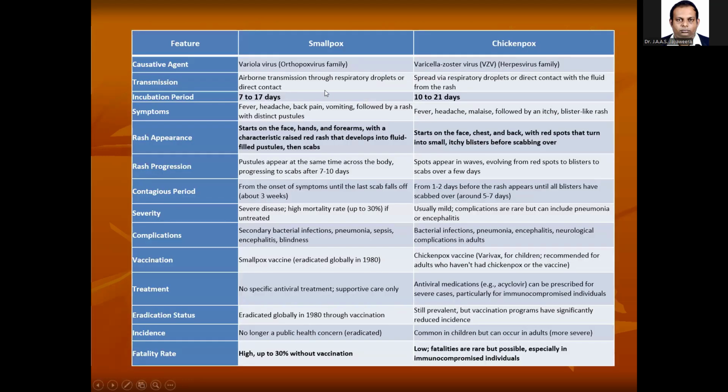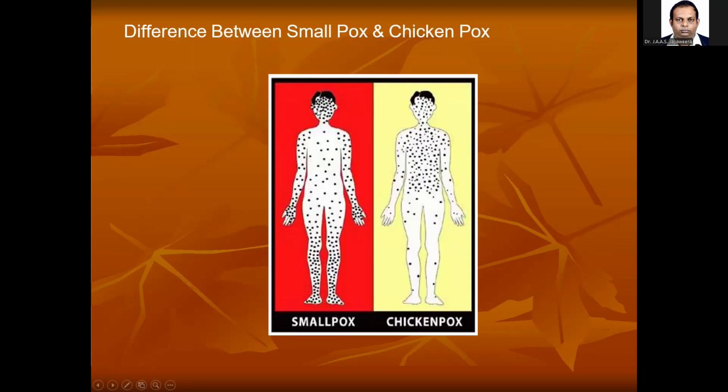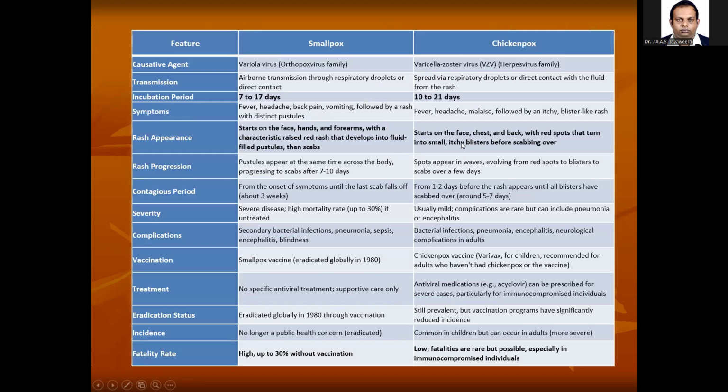So this table outlines the differences. Usually the smallpox incubation period is 7 to 70 days, and for chickenpox 10 to 21 days. The rash appearance starts on the face, and chickenpox also starts on the face.